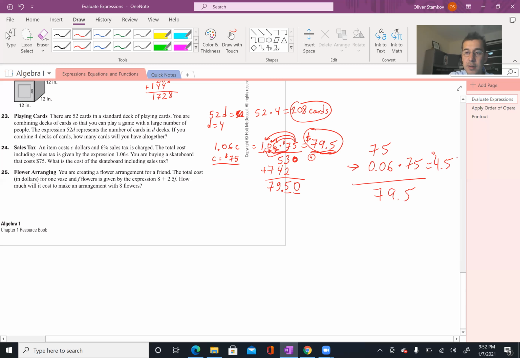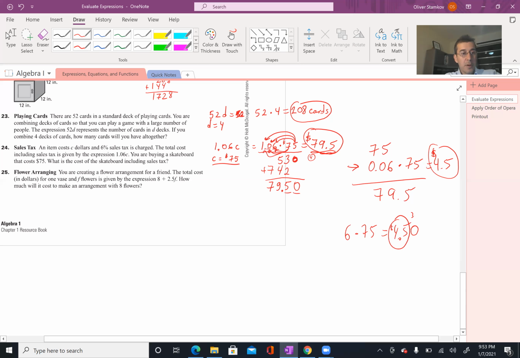This is the sales tax. So you can see that 6 times 75 is, 5 times 6 is 30, 0 and 3. 6 times 7 is 42 and 3 is 45. So 2 decimal places, 4.5. Okay, so it is correct.